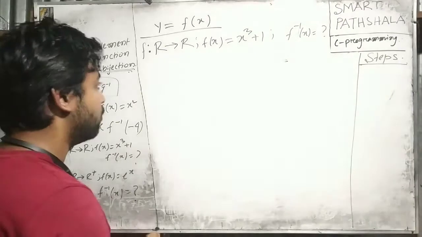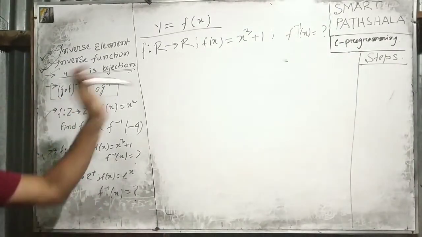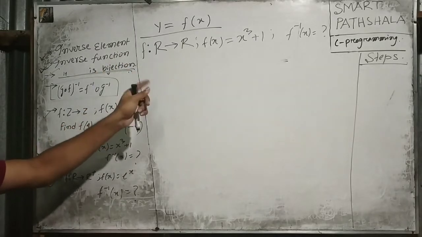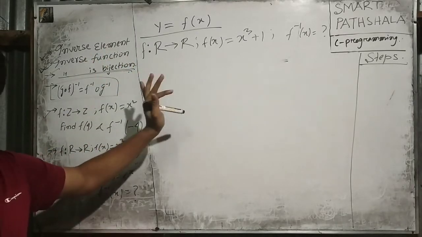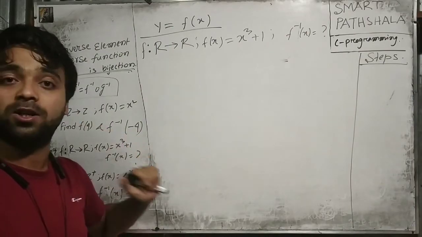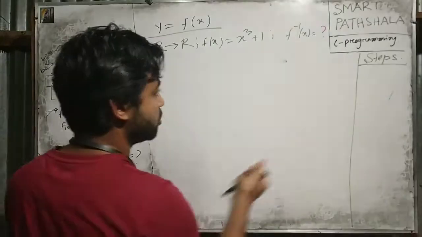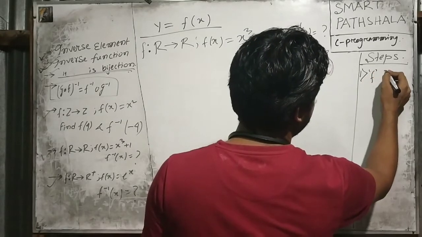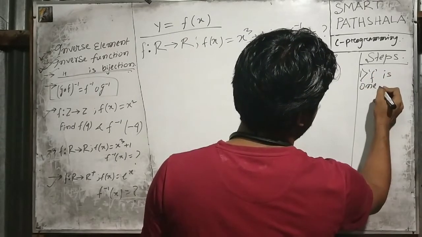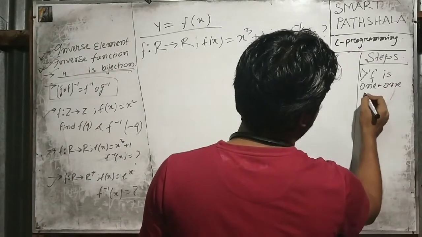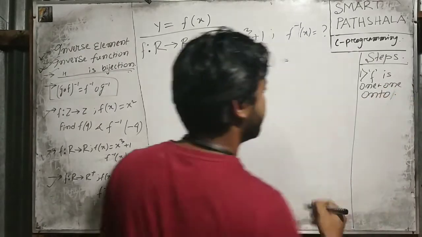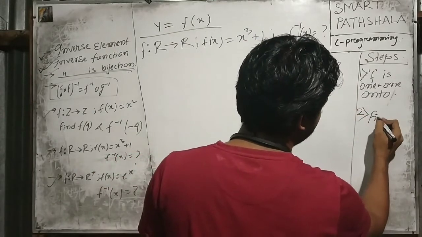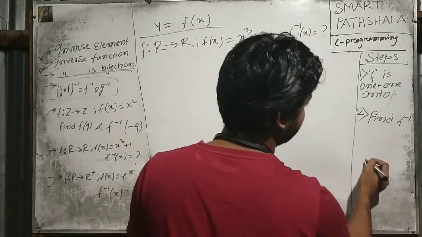First of all, when you are going to find out the inverse of a function, you need to prove that this function is a bijective function, which means this function is a 1-1 and onto function, right? Step 1. So step 1 is f is 1-1 onto, right? And then find f inverse.